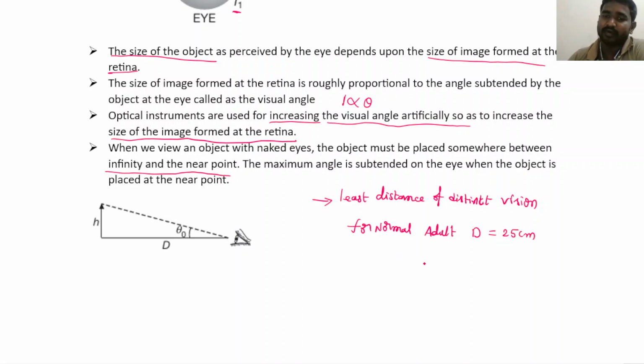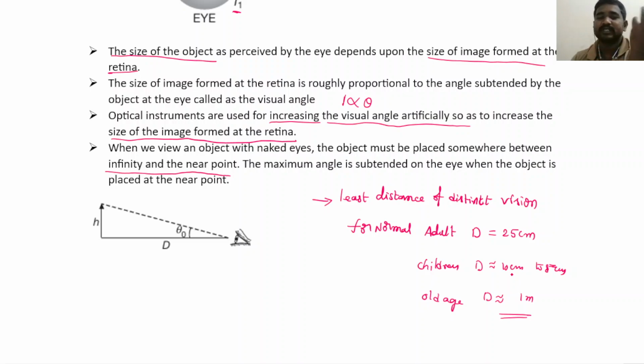For children, it may be around 10 centimeters to 5 centimeters. But for old age people, the least distance of distinct vision can go to 1 meter or above. So this is the basic information about the least distance of distinct vision.